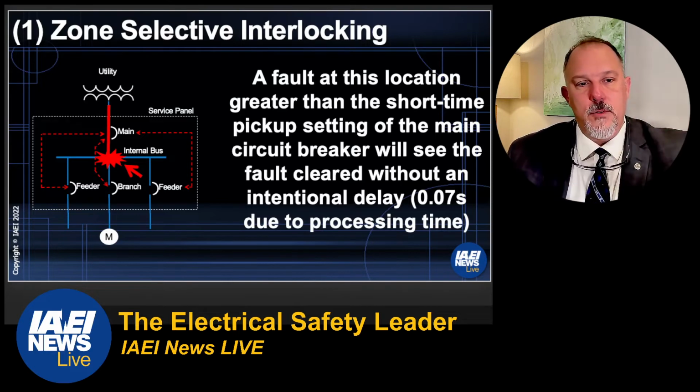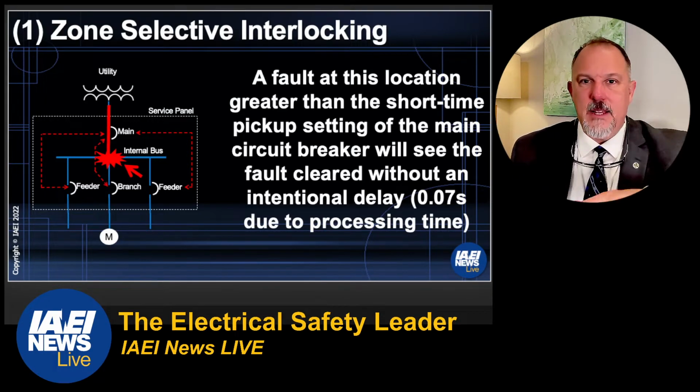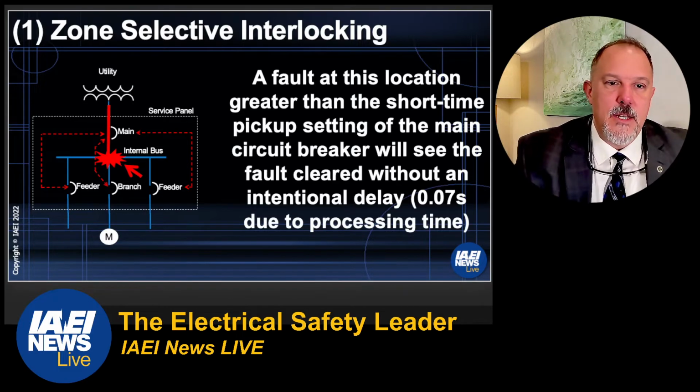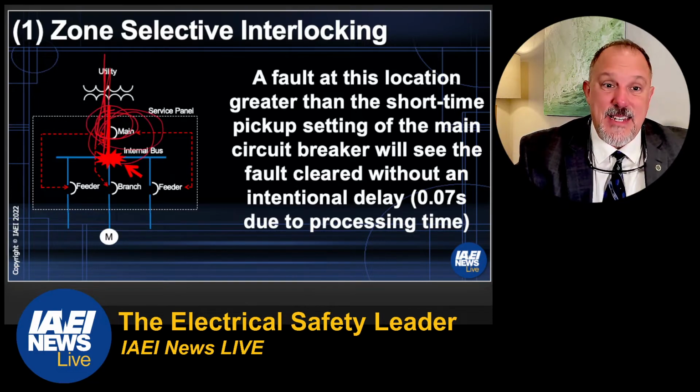When there is a fault internal to the distribution system, think about what's going on. There's a fault inside the panel board or switchboard or switchgear. Current is coming from the source through this main overcurrent. So this main overcurrent protective device sees the current, and it's above the trigger point.